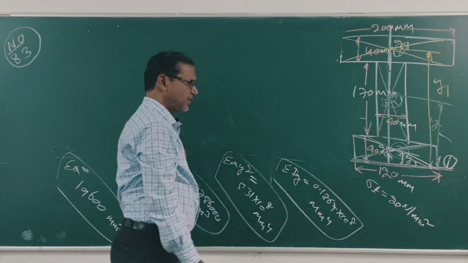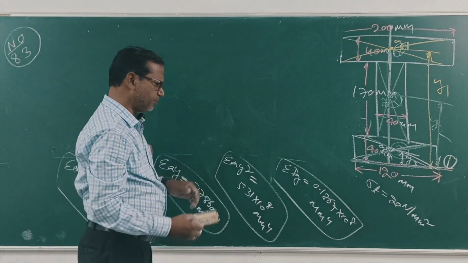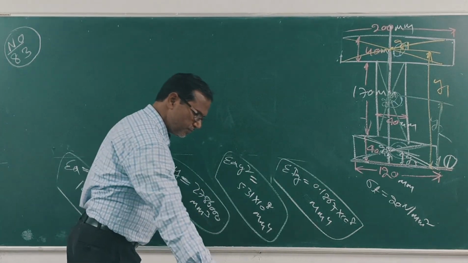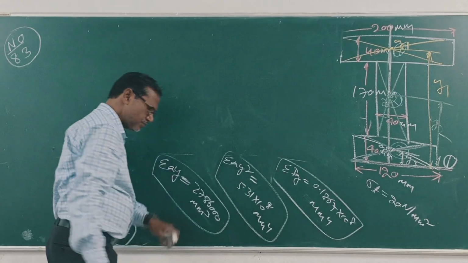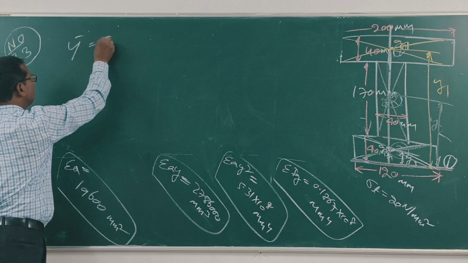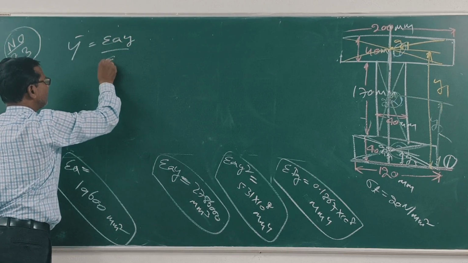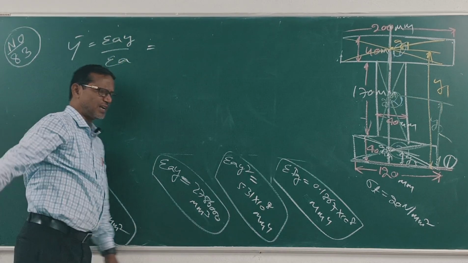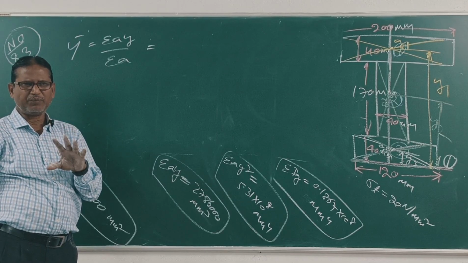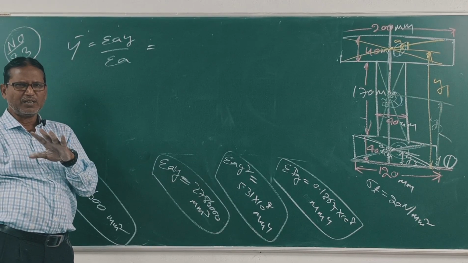Clear? Now y bar is equal to sigma ay by sigma A. Y bar means distance of CG from the reference axis.